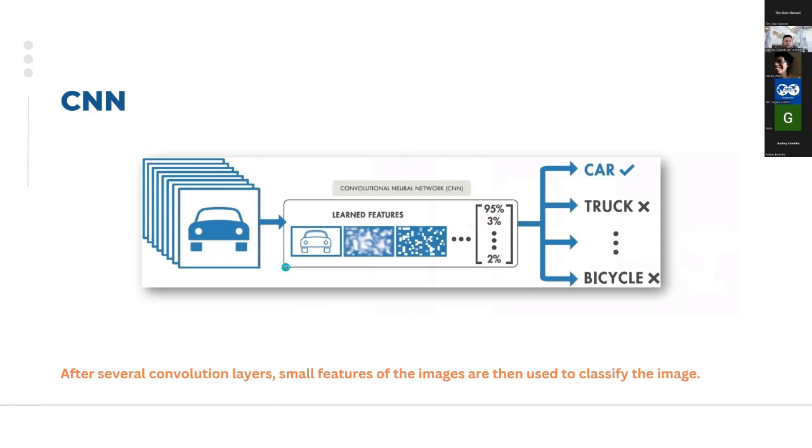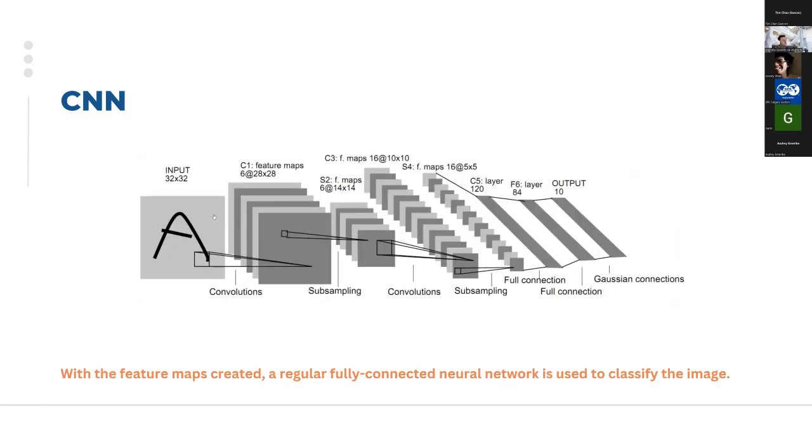So after all these convolutional layers and max pooling, we are going to have something in the middle called the feature map, with all the small representations or all the learned features that we could extract from the original image. Let's see if I have an example here.